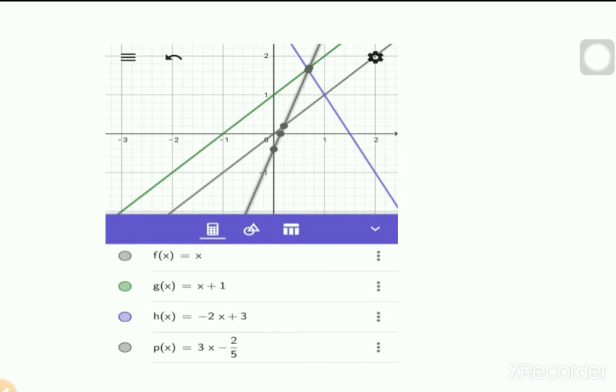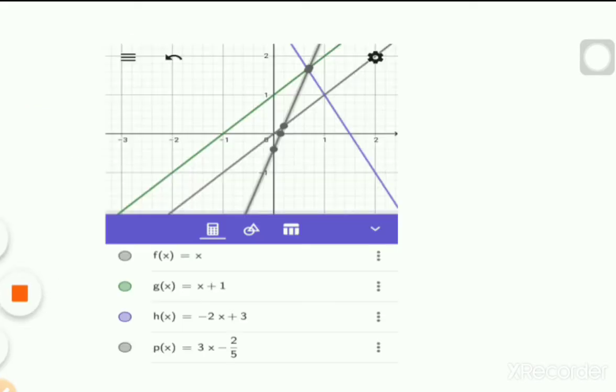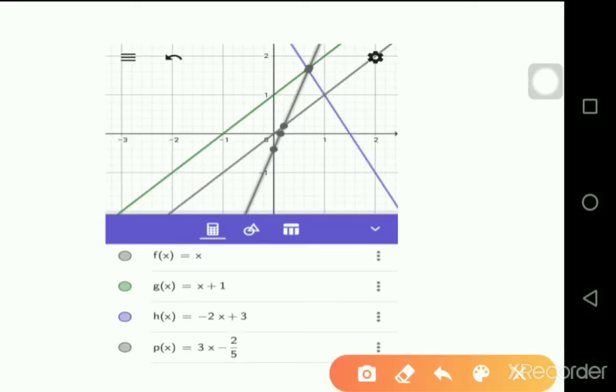Here are some more examples of linear polynomials. x plus 1, minus 2x plus 3, 3x minus 2 by 5. If we look at the graphs, each graph is intersecting the x-axis at only one point.